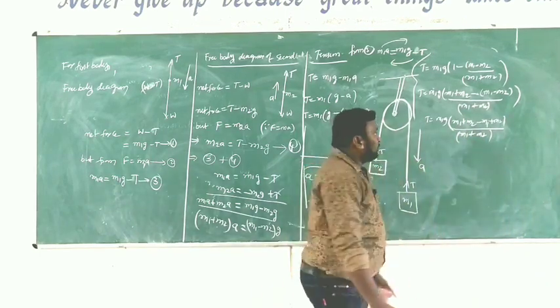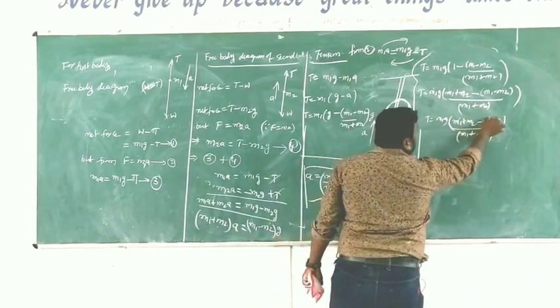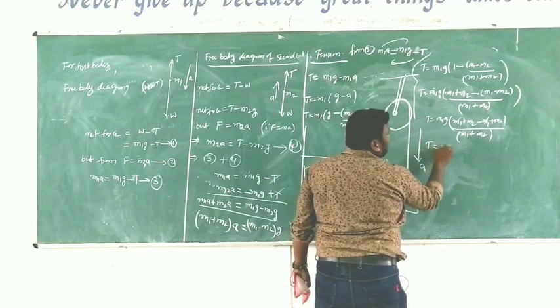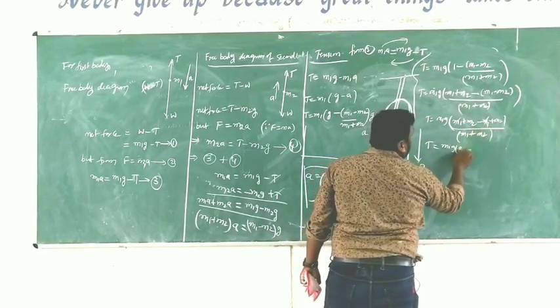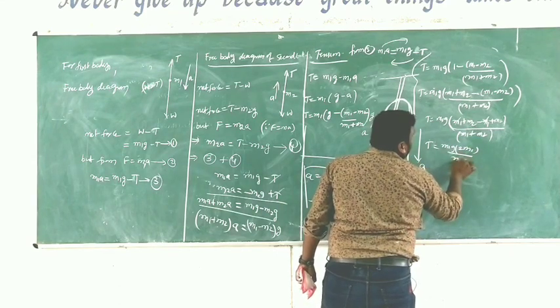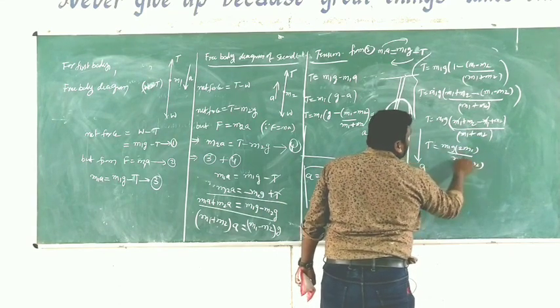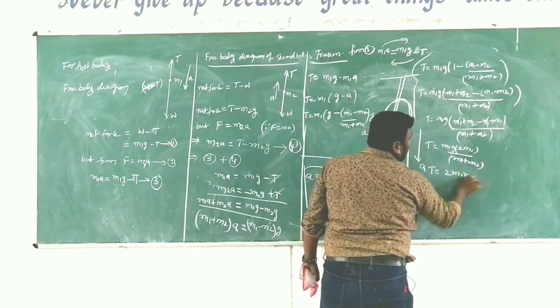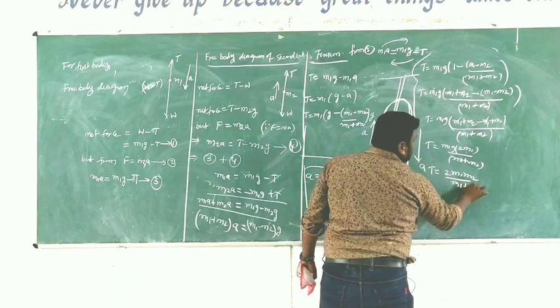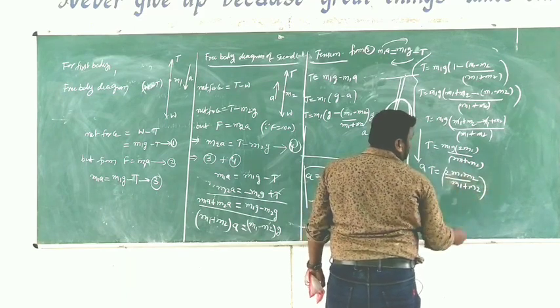So here now M1 cancels, then what do you get? T is equal to M1G into 2M2 by M1 plus M2. Then T is equal to 2M1M2 by M1 plus M2 into g.